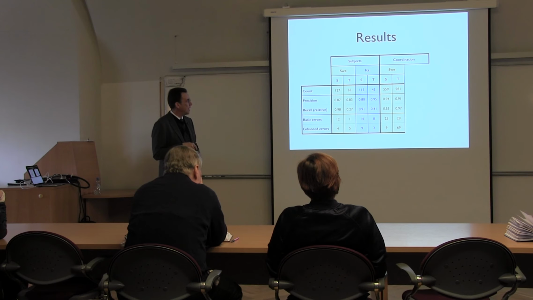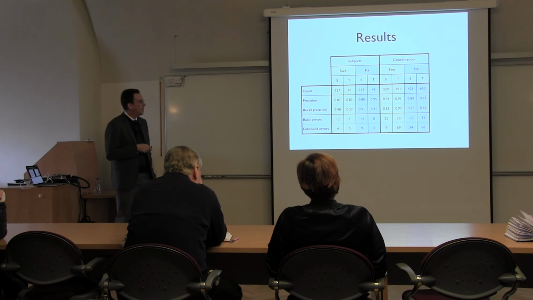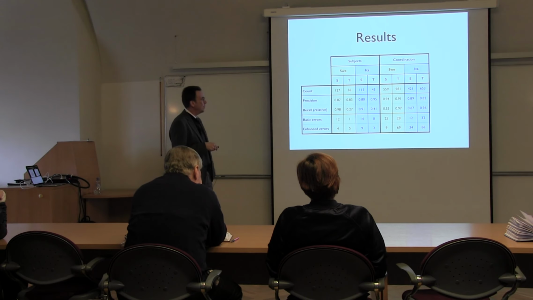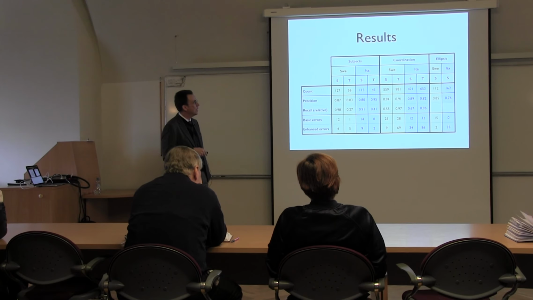But we see that especially for the high recall system, we now get a fair number of prediction errors. The situation for Italian is again similar, but the precision scores are a little lower. And I will come back to that.